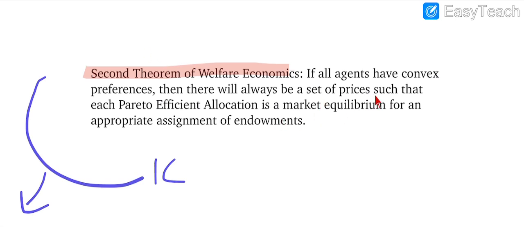then there is a set of prices such that a Pareto efficient allocation is a market equilibrium for an appropriate assignment of endowments, that the agents are endowed with, that is, the initial allocation.